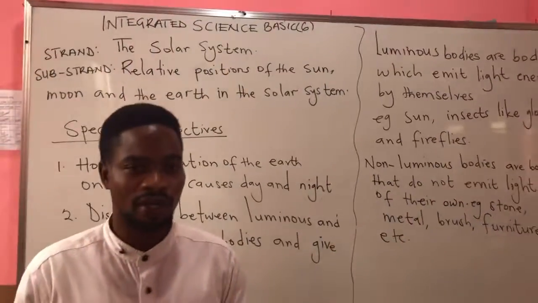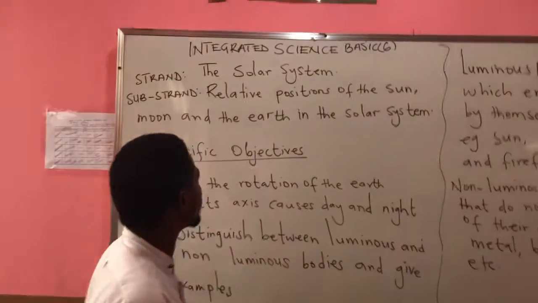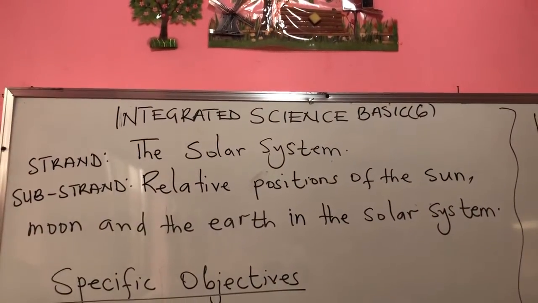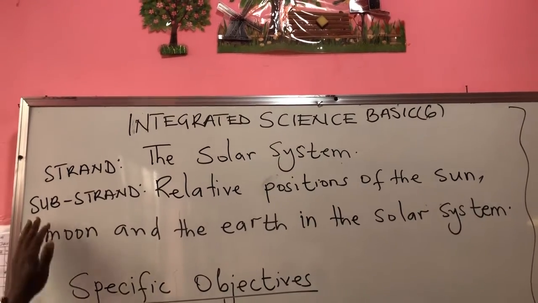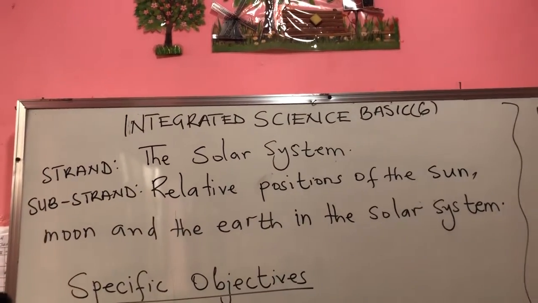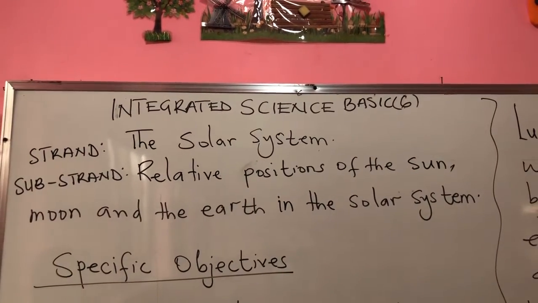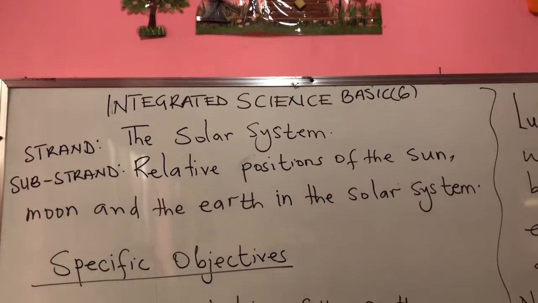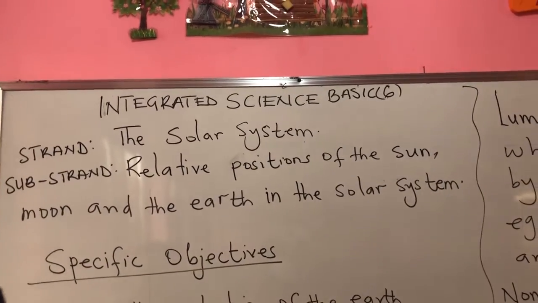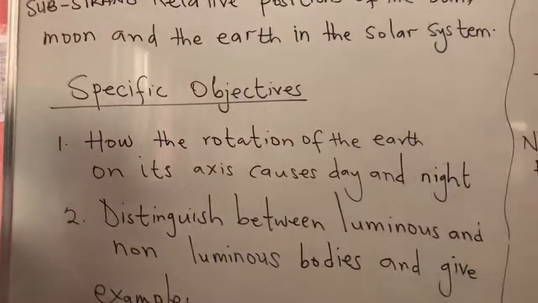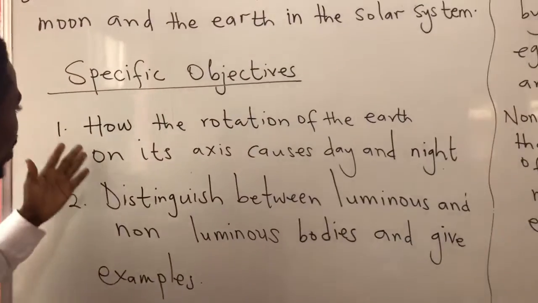My name is Harrison. Today we have integrated science for basic 6, and our strand is the solar system, and our sub-strand is the relative position of the sun, moon, and the earth in the solar system. Now let us look at our specific objectives for the day.